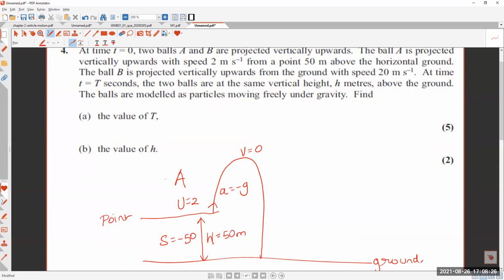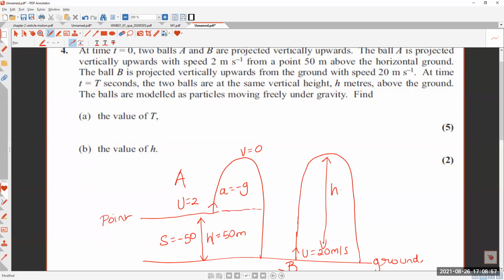Ball B is projected vertically upwards from the ground with a speed of 20 meters per second. This is the B part. It's going up, and it is also reaching the same height. Let this be small h.